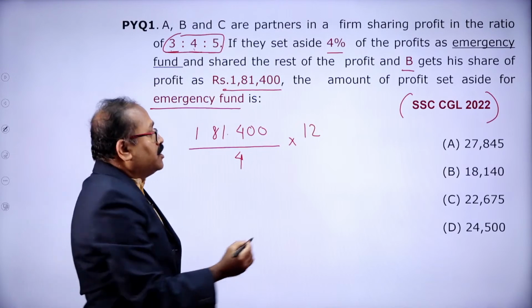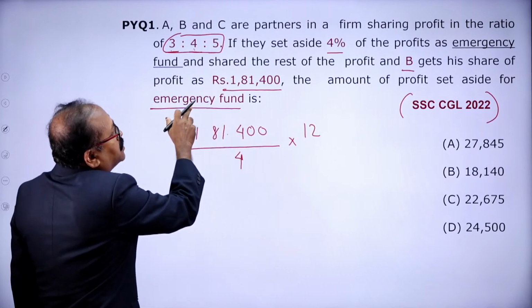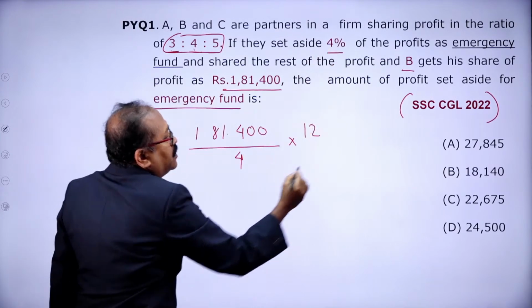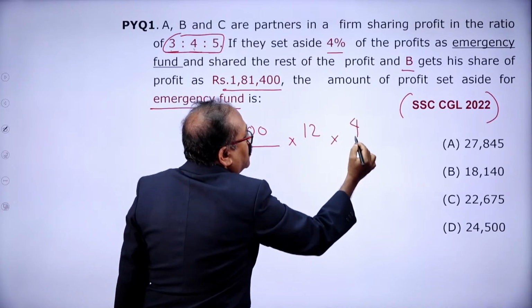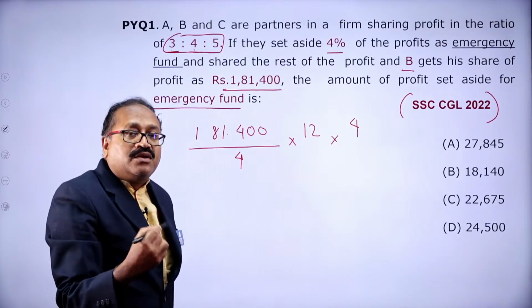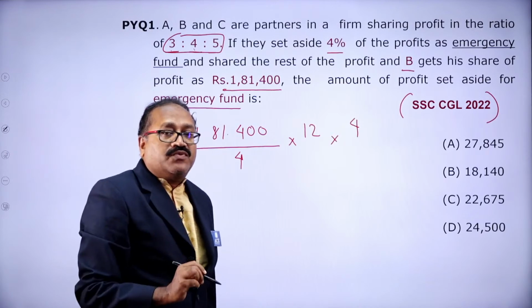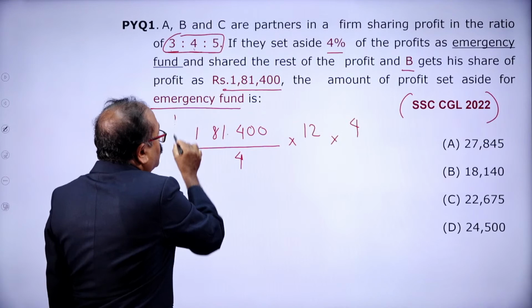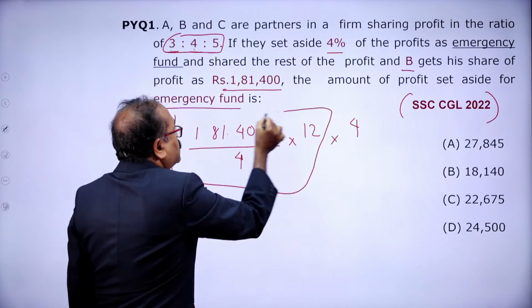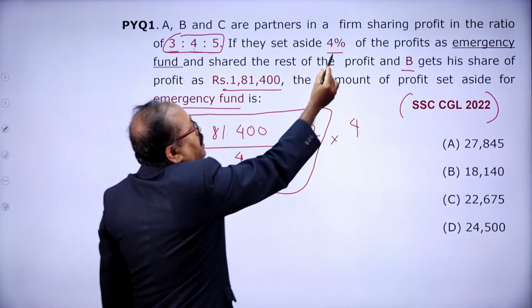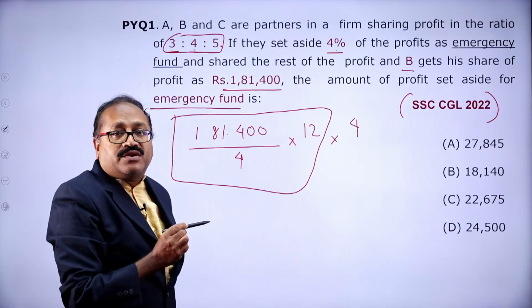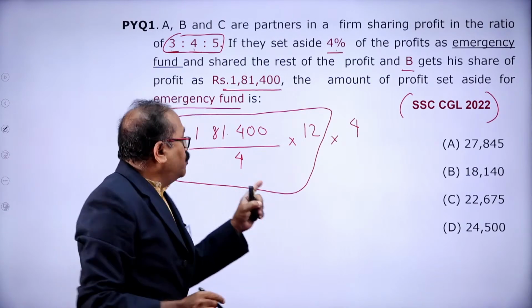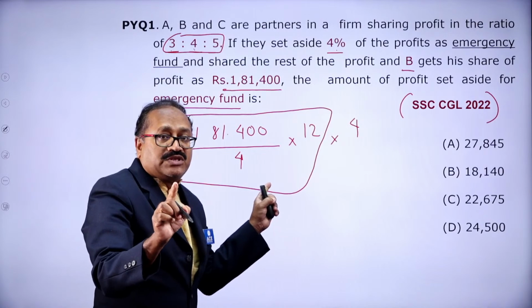From here, I need to take the 4% because this is the emergency fund. But will you write by 100 or by 100 minus 4? This total profit which I get is after taking out 4%. That means 100 minus 4, this is 96%.